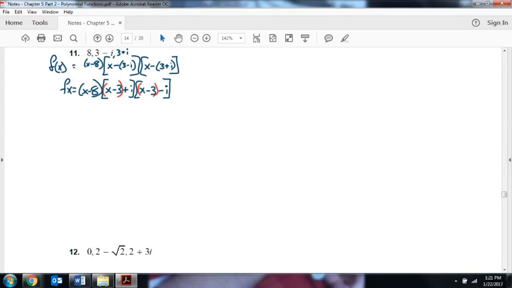And now I have a difference of squares. All right? I have the same thing on the left, I have the same thing on the right, and then I have different signs. I got one positive, one negative. So therefore, this is a difference of squares. Oh, I forgot my parentheses around my x.